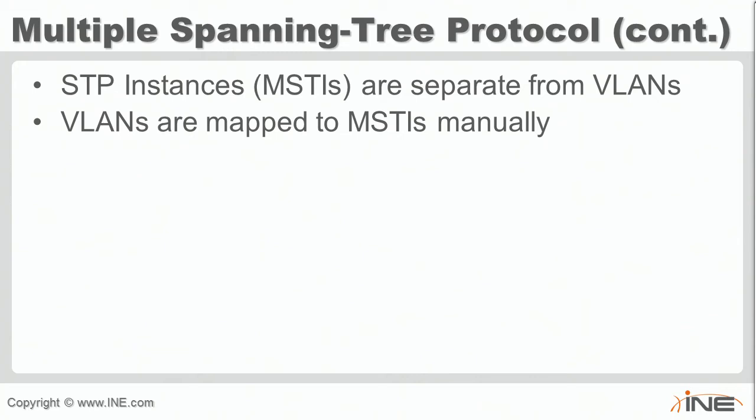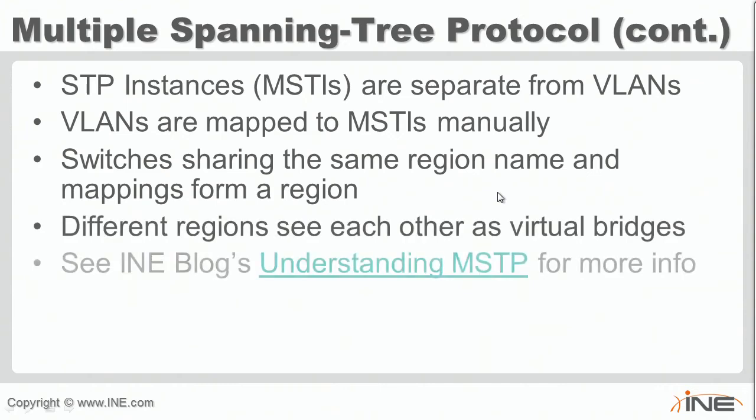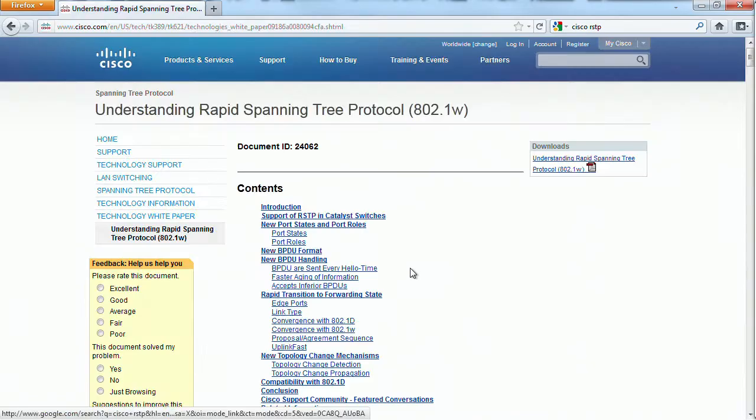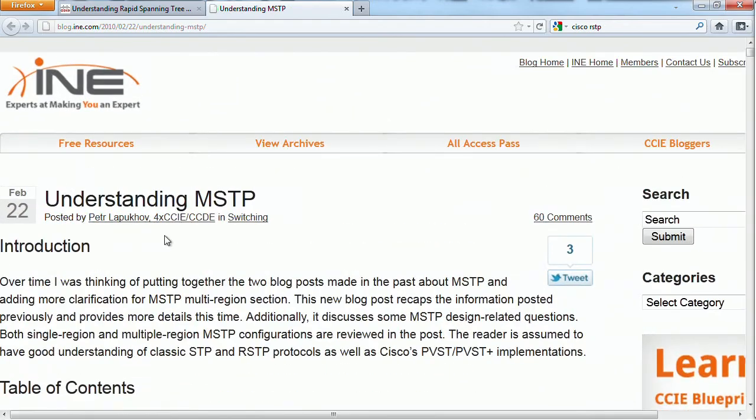We're going to do this with a manual association. In a multiple spanning tree, we also have what's known as the region. This is designed for very large layer 2 networks, where most of this is going to be outside of our scope. But there are some detailed write-ups that we have on this one as well, Understanding Multiple Spanning Tree Protocol.